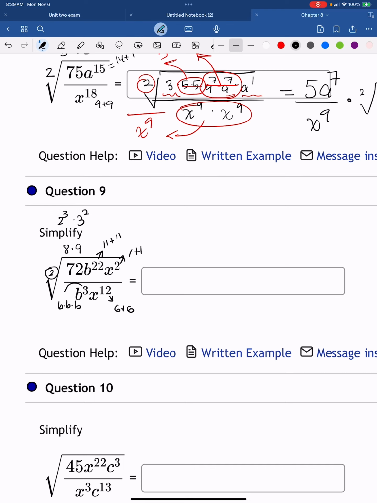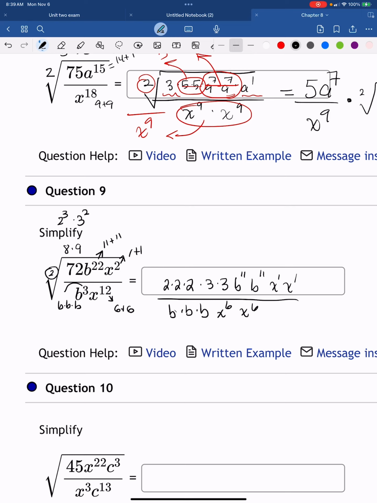So I am going to write this as, and then b to the 11th, b to the 11th, x to the 1, x to the 1, all over b, x to the 6, x to the 6.